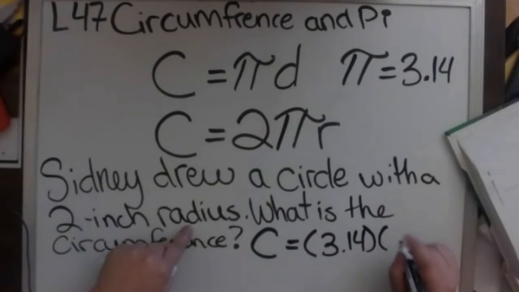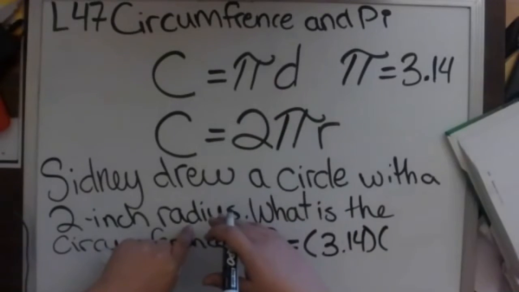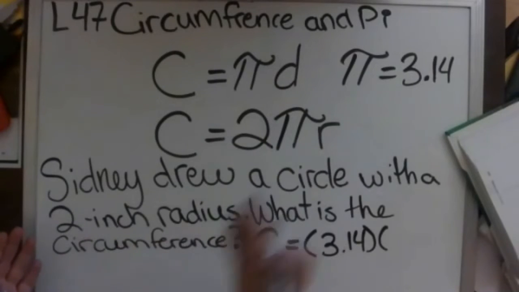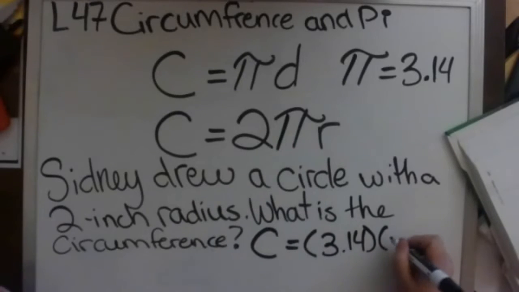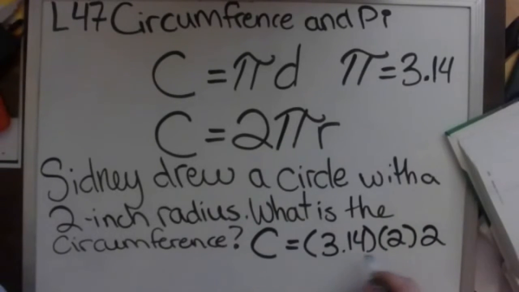Now, I can either do the full radius formula and multiply it all by 2, or I can just say, I know radius is 2, so I know diameter is 4, because radius doubled is diameter. I'm going to do the long complicated one first, and then we'll do the other one and see if it gets the same answer. So this is 2, and we're going to multiply it all by 2 at the end. 3.14 times 2 is 6.28, with 2 decimal places in my answer.